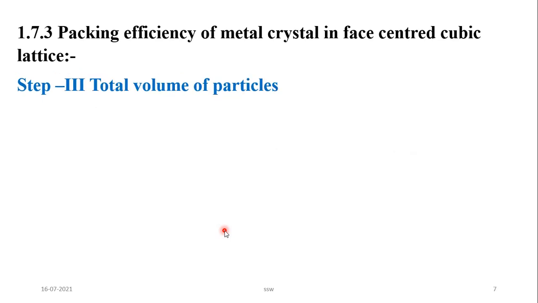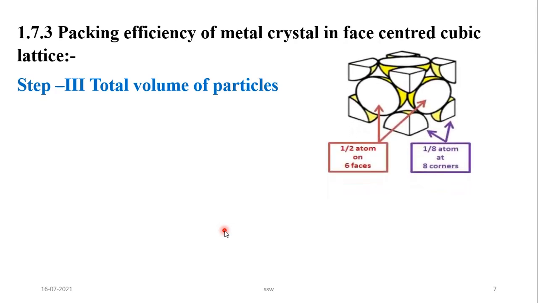Now the third step is we have to calculate the total volume of the particles. Now you know that in FCC each corner particle's contribution to this particular unit cell is how much? 1/8 part, because it is shared by 8 unit cells. And the face particle, the particle present at the center of the face, is shared between 2 unit cells, and therefore its contribution is only half.